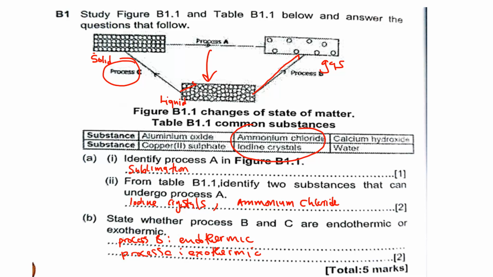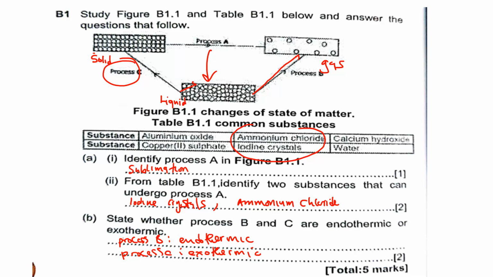Gases, in terms of arrangement, they are far apart, or there is greater distances between the particles. In terms of movement, particles in solid vibrate within the fixed position. In liquids, particles move within short distances, but in gas, the particles move randomly. In terms of volume, solid have fixed volume, liquids have fixed volume, gas, the volume depends on the condition.